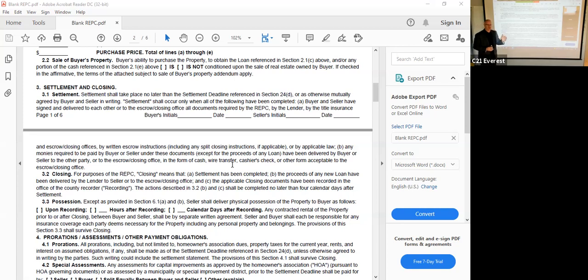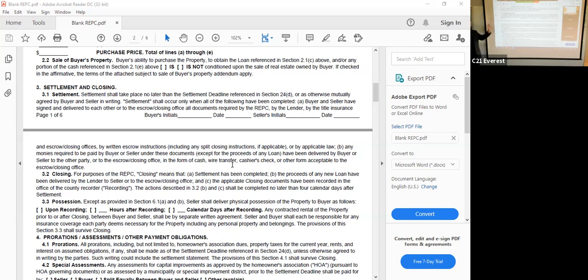So settlement, yes, it's where both parties come and they sign the paperwork that they're being asked to sign. And then they're also going to deliver to the title company any proceeds, any closing monies that are required by the REPC.